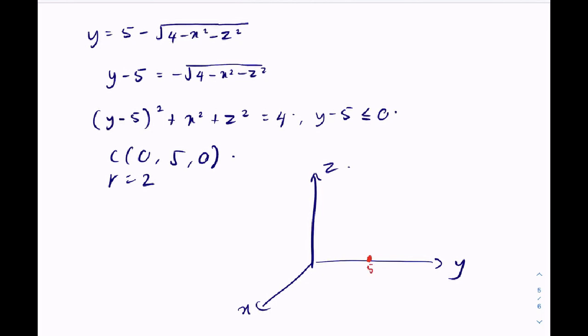This is 5, isn't it? 0, 0. And then maybe somewhere here. Okay, done. Meaning, this is the base sphere, center 0, 5, 0, but at the negative side of y, but then the shifting to the center.